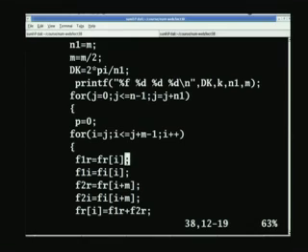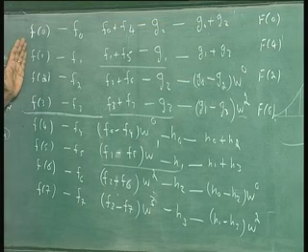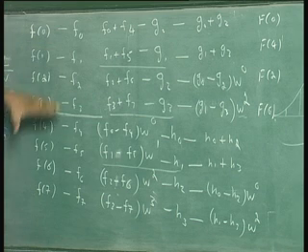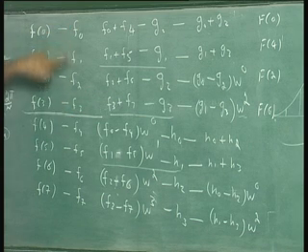So I store f1r as the real part of the function, and f1i as the imaginary part of the function at I, and f2r and f2i are the real and imaginary part at I plus m. So what am I doing? When I go in the first step, I have to divide this into 2 and take the sum.